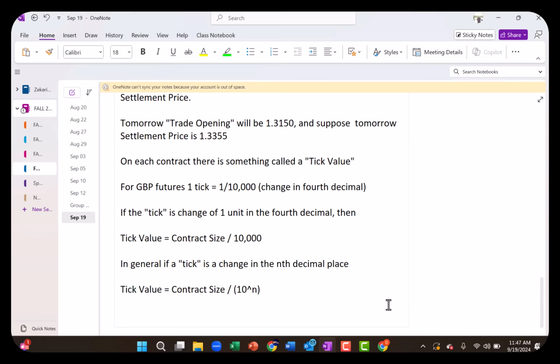For Norwegian krone, it's a 6th decimal place, so 10 to the power 6.